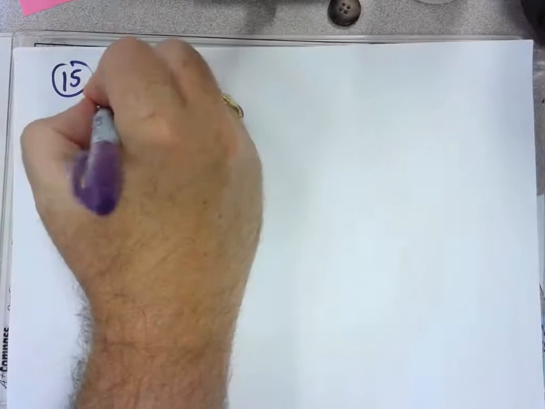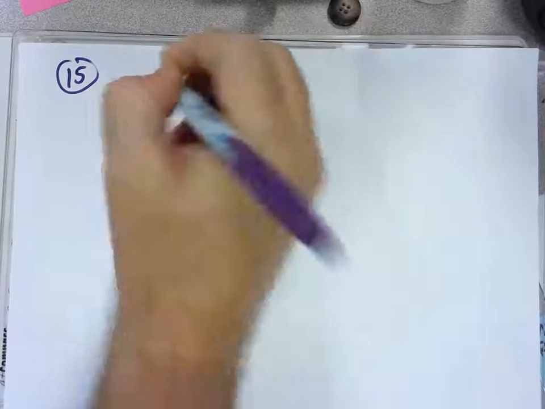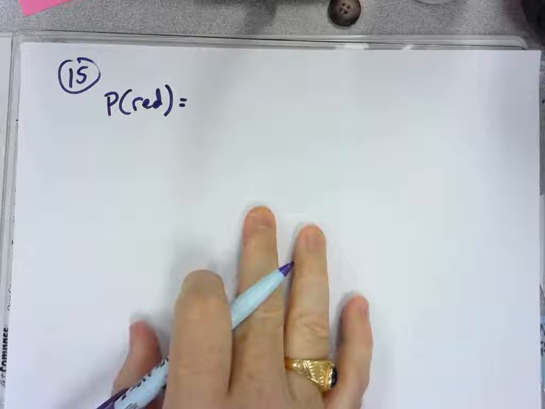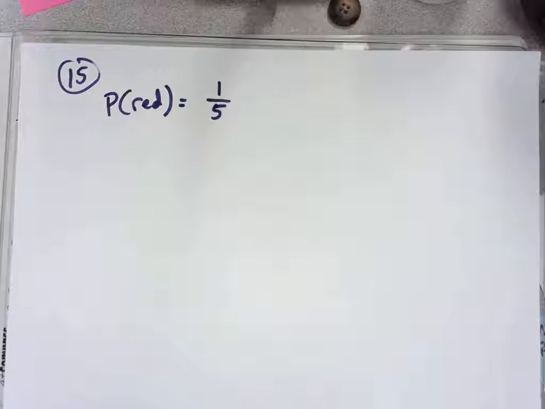So all you have to do here is say, what's the probability of getting red on the spinner? 1/5. Why? Because there's 5 colors. They're all equally likely to be selected. So yes, I could draw a spinner, find the angle measure and then say this number of degrees out of 360, but guess what?